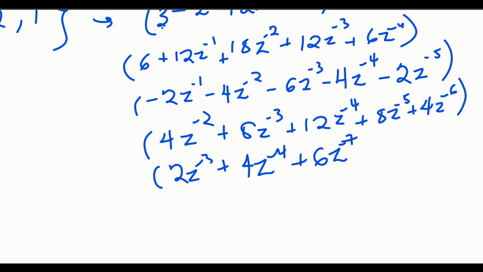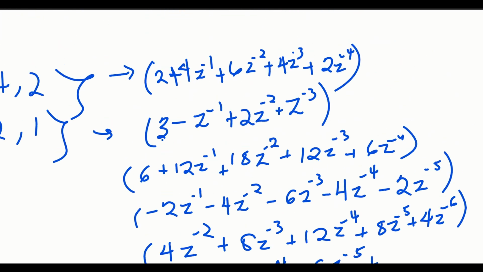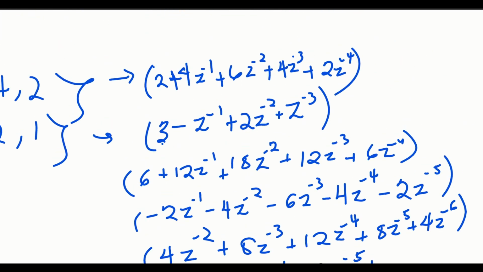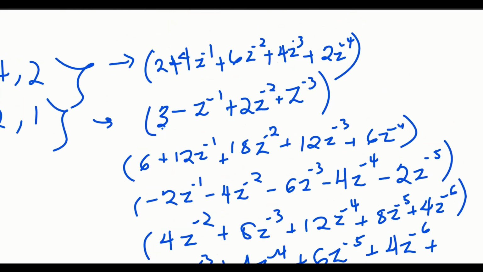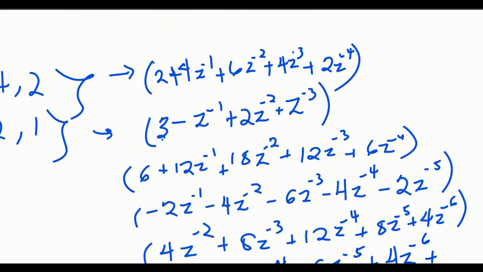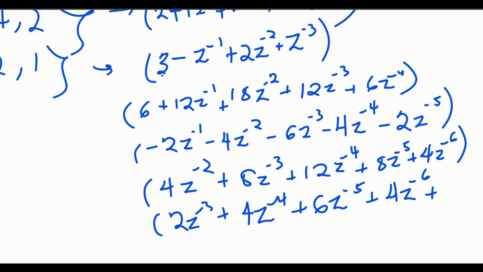Sorry, very sorry. So 6z^-5. Then 4z^-3 times z^-3 will give me 4z^-6, plus z^-3 times 2z^-4 gives me 2z^-7.